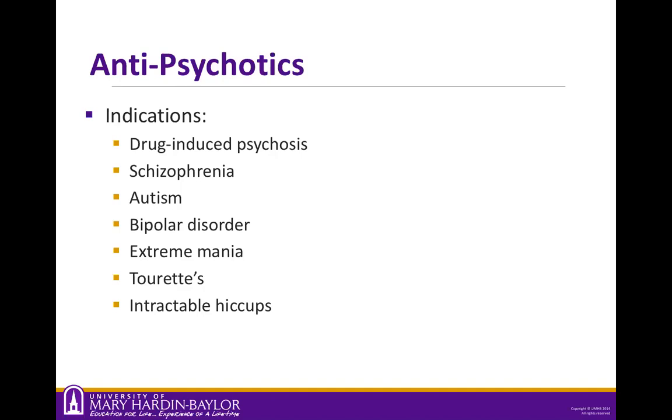Some people can do PCP, heroin, who knows, whatever other drugs can give you a psychotic type presentation. Also, the one you'd usually think about is schizophrenia. But these medications have also been found to help in autism, bipolar disorder and the extreme mania that may sometimes be inside of bipolar, Tourette's as well, and intractable hiccups.